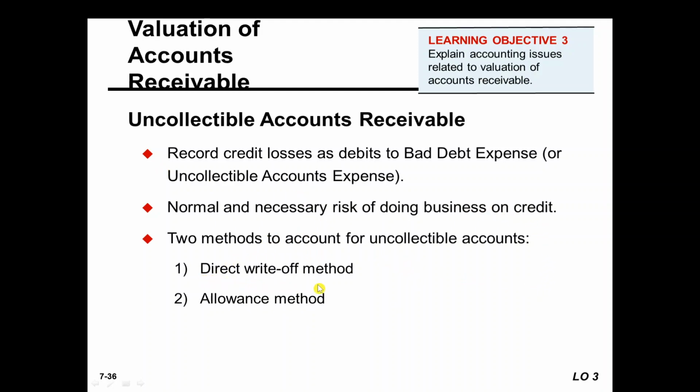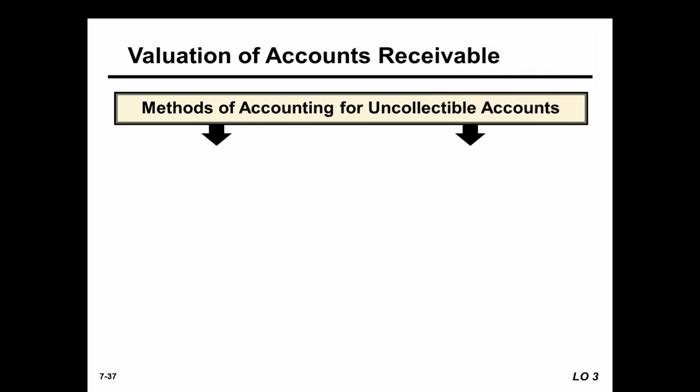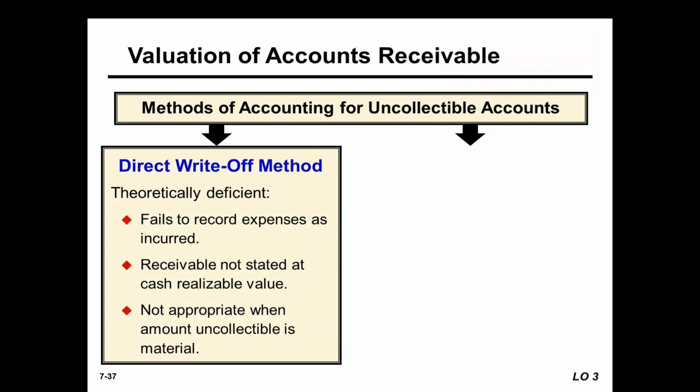The first one is the direct write-off method, and the second one is the allowance method. The direct write-off method is the method where we directly write off the account receivable when we are 100% sure that our receivable cannot be collected anymore.